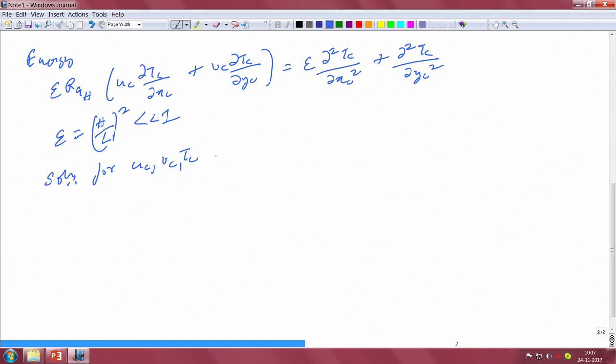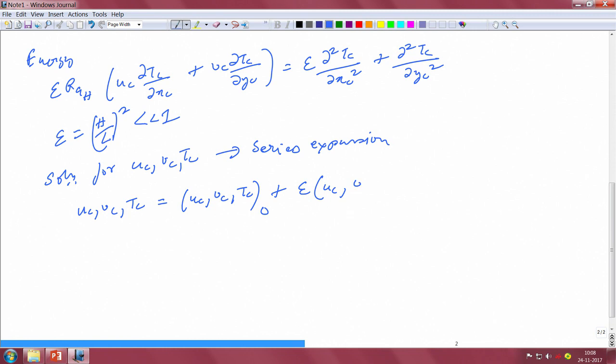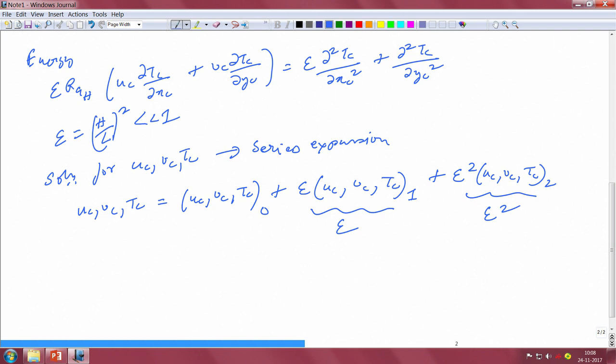What we do is a series expansion. The series expansion of u_c, v_c, T_c, like triplets, is u_c, v_c, T_c of order 0, plus u_c, v_c, T_c 1, plus u_c, v_c, T_c 2. The first will be of the order 1, the next of the order epsilon, and the next of the order epsilon squared.